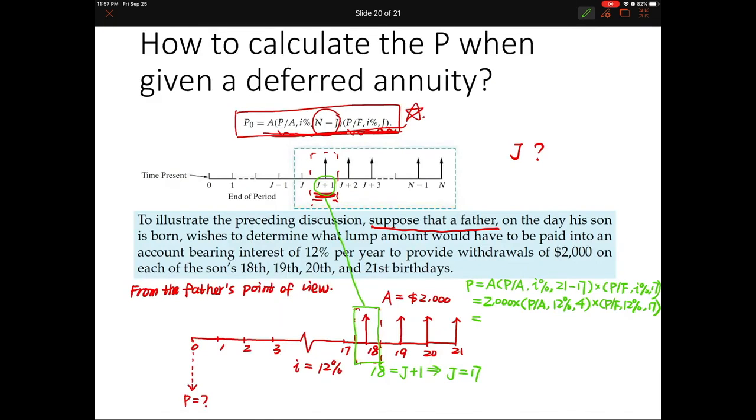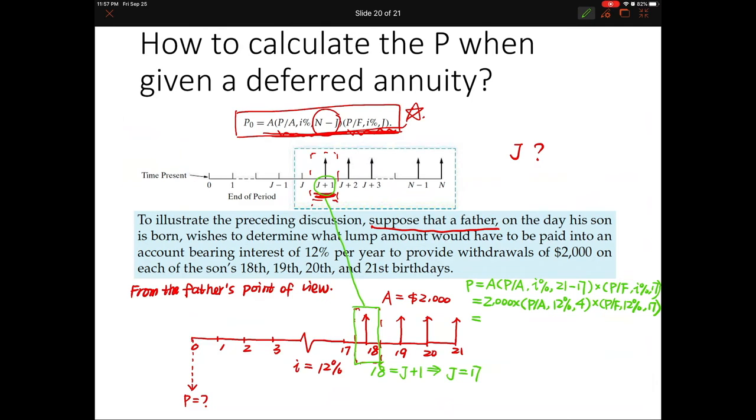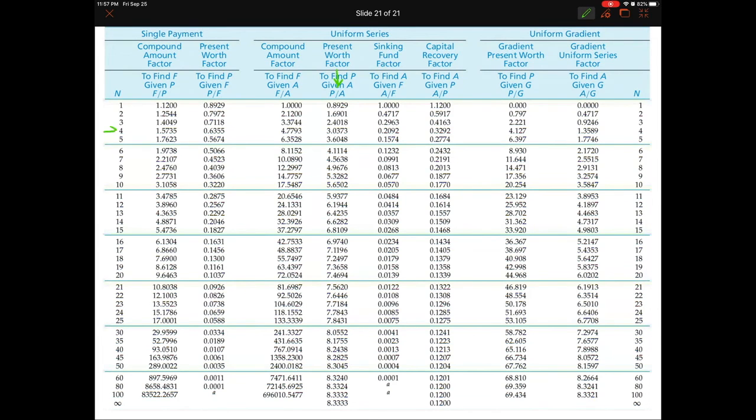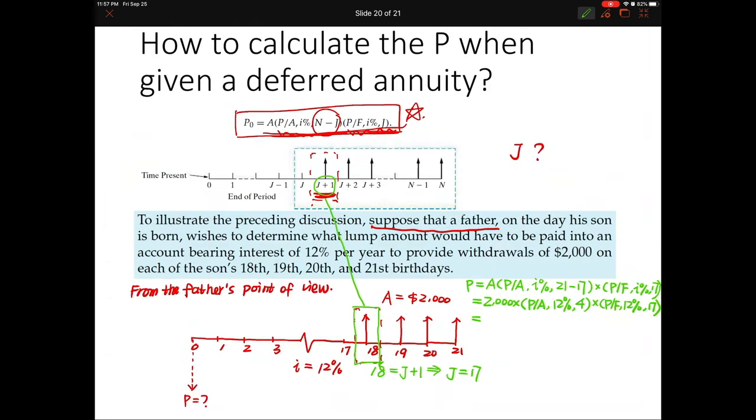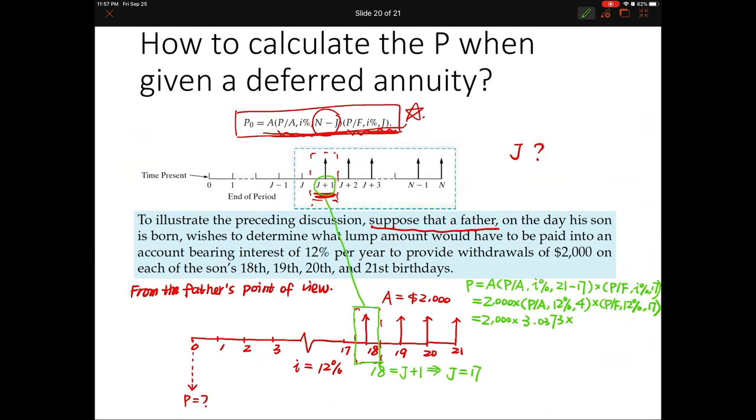Okay? So the first factor is P slash A. So to find P given A, that's the column you're looking at. And number of periods is 4. So this is the row. Okay? And so this is the first factor you're going to use. So you just write it down here. It's 3.0373. Second factor, P slash F. So this is the column you're looking at.